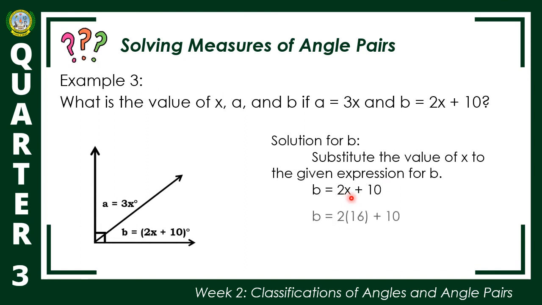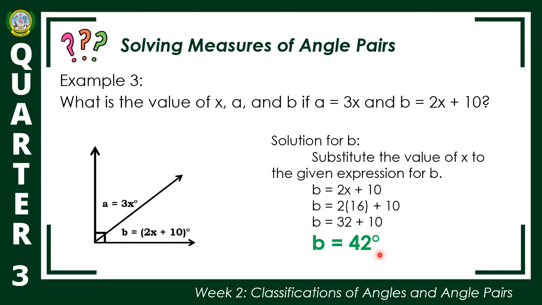So, magiging b equals 2 times 16 plus 10. So, simplify this, follow PEMDAS, mauuna itong multiplication bago ang addition. So, 2 times 16 will give us 32, and then 32 plus 10 will give us 42 degrees.